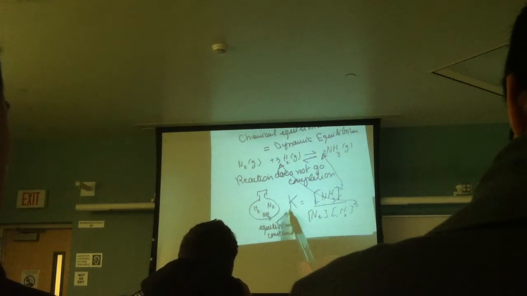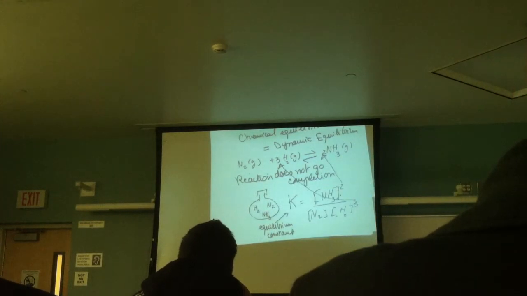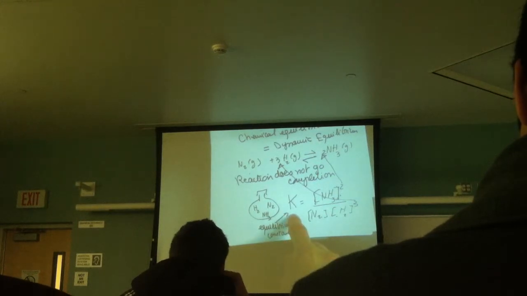If K is very large, what does this tell me? Which one is large? The ammonia is large or nitrogen and hydrogen is a big amount? Which one? Ammonia. Ammonia is large. Got that? How about if K is very small, 10 to the negative 15? What does this tell me? What is small, the top or the bottom?